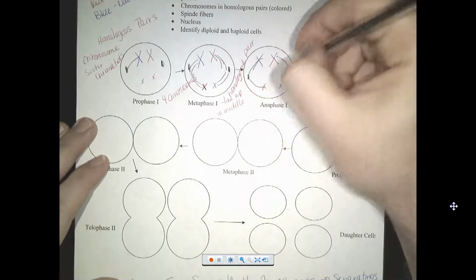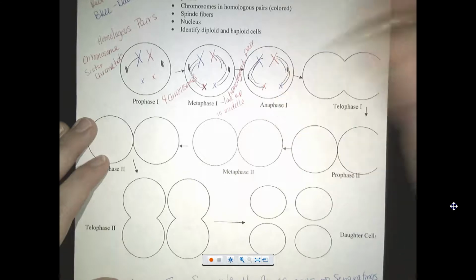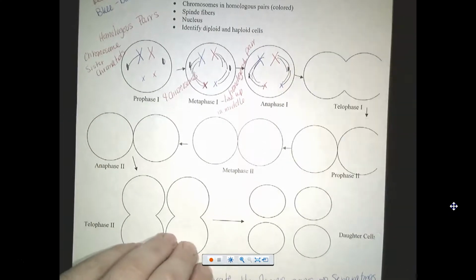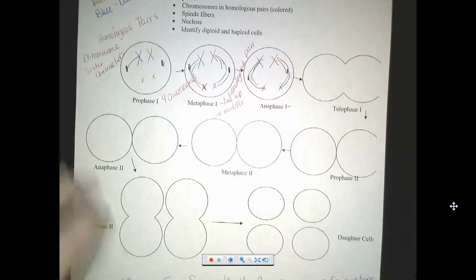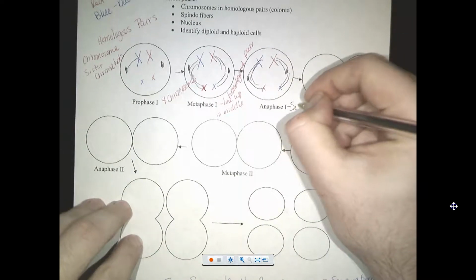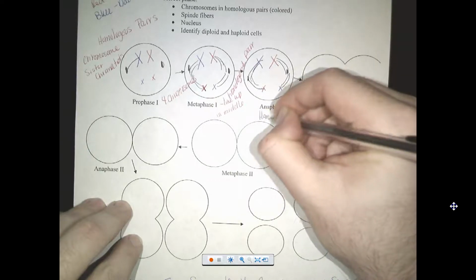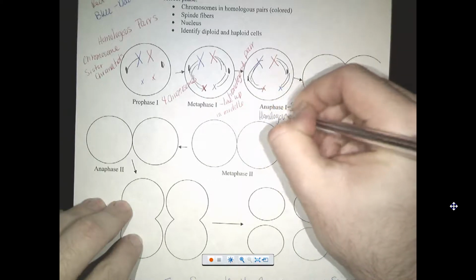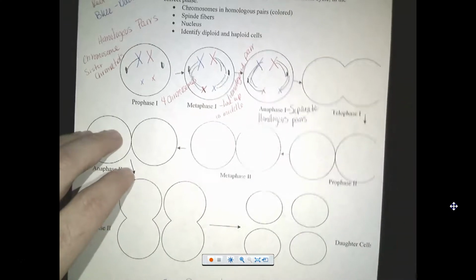So what happens during anaphase? It pulls them to opposite poles. Right, it's pulling our chromosomes to opposite poles. In this case, it's not the individual chromatids that get separated. Here is where we separate homologous pairs. So we are separating homologous pairs here.